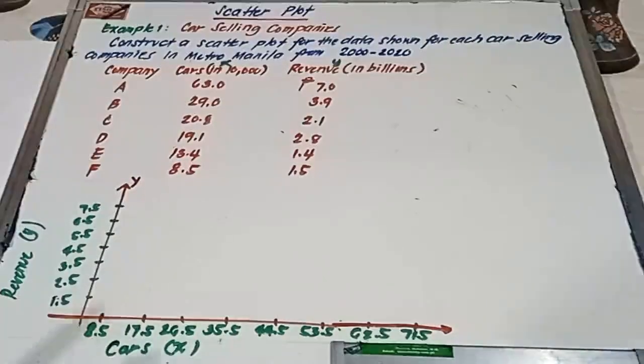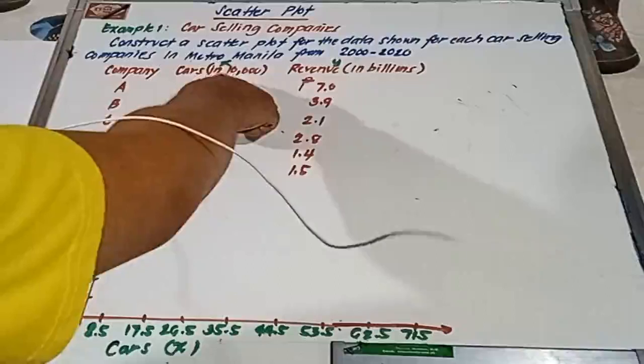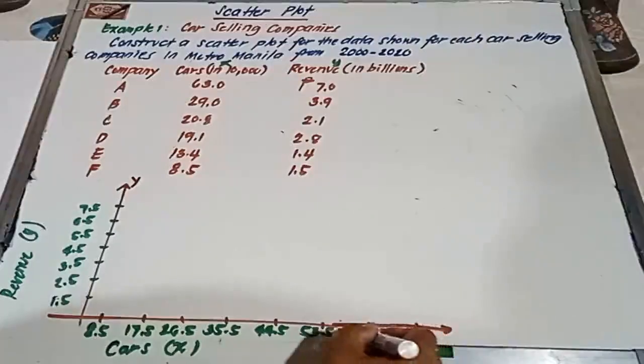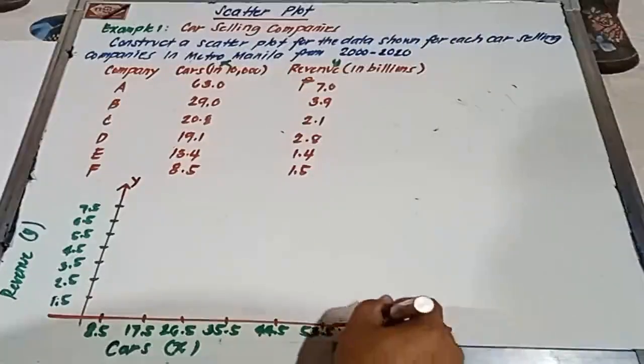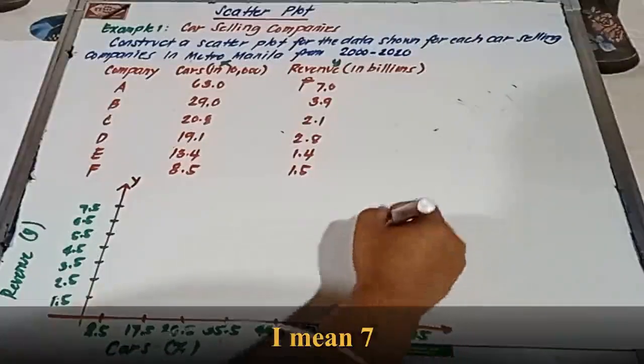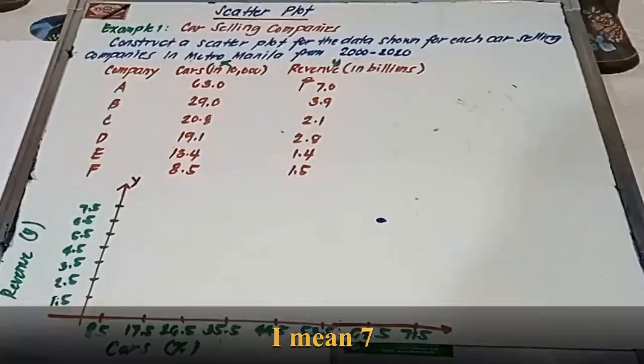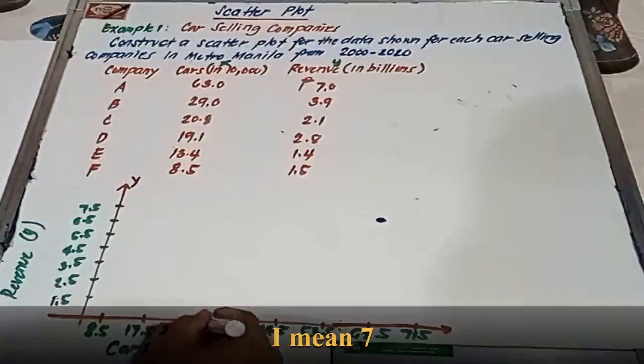Next is, i-plot na natin yung points. We have 63 kay x7. So we have here 63, 62.5. So somewhere here. And then 6.5 ito. And then 29. So 29 somewhere here.